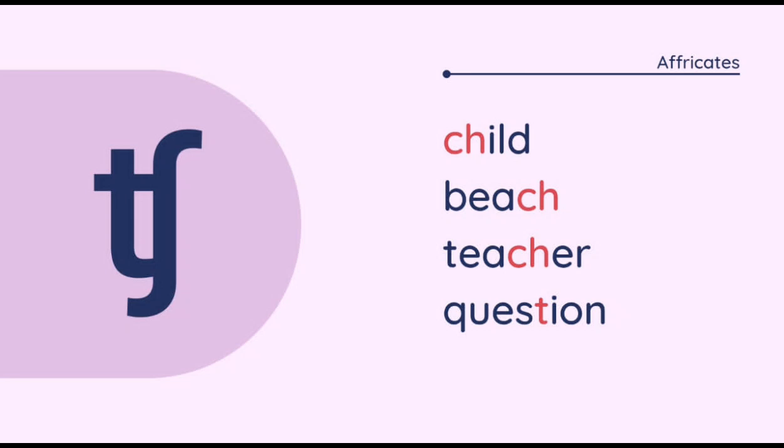It is a voiceless alveolar fricative, and it is represented by words such as child, the ch in child, the ch in beach, the ch in teacher, and the t in question. Child, beach, teacher, and question.